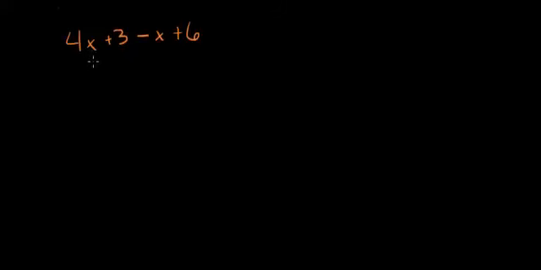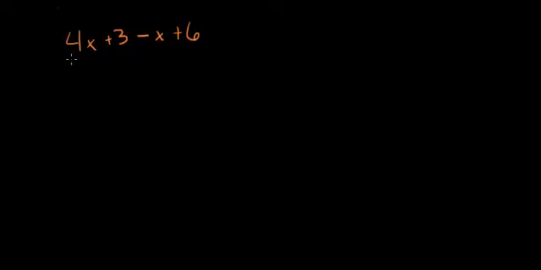So variables have to be the same, exponents have to be the same. So when we go to look at these terms, one thing that is always good to try to do is if you use the commutative property, you can reorder them so that they are grouped according to like terms.